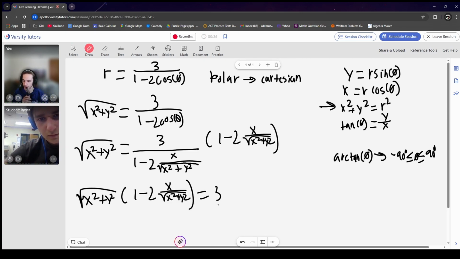I'm guessing you wouldn't want to distribute. You do, of course. No, it's okay. The reason I see distributing is because this is gonna cancel here. You see that? Yeah. So we're gonna end up with square root of x squared plus y squared minus 2x equals 3.